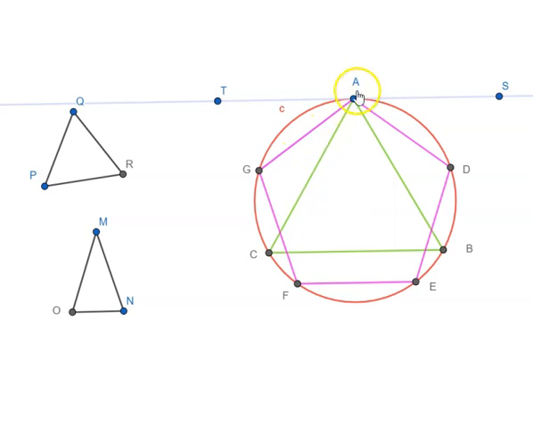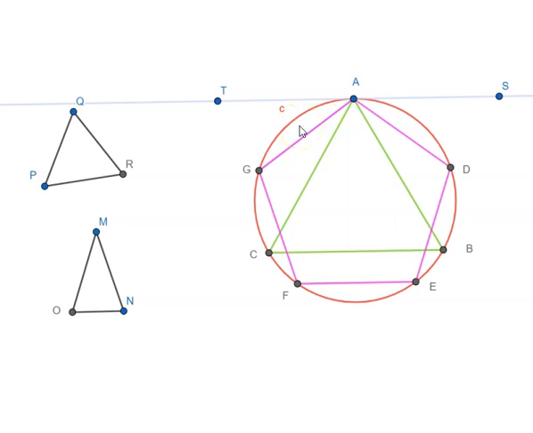Now if we take AGC, we have one circular segment cut by the equilateral triangle, and from A to C that is 1/3 of the complete circle. Between A to G, the circular segment is 1/5 of the complete circle.